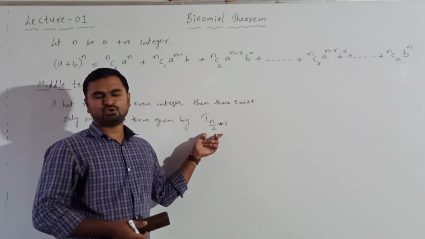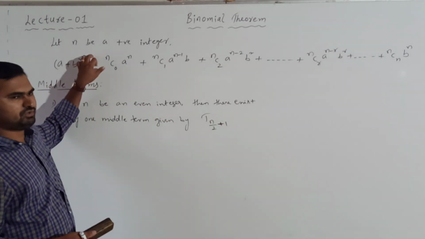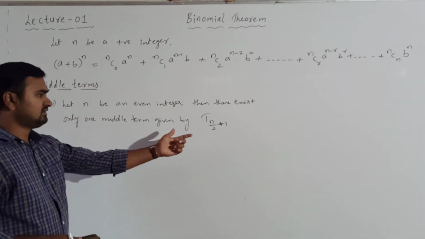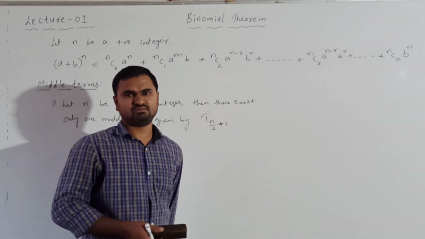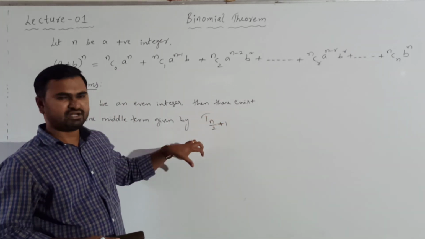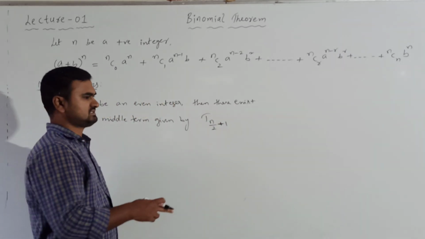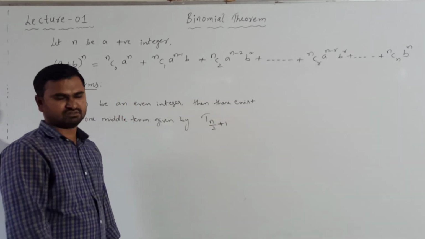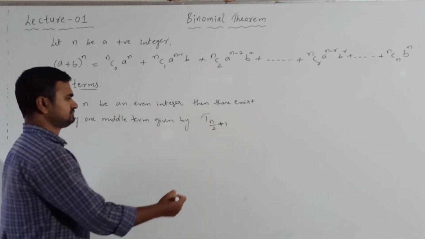So the (n by 2 plus 1)th term is the middle term in the expansion of (a plus b) whole power n whenever n is even. You have to remember this formula, because when power is small we can write the terms and see what is the middle term, but whenever the power is large, writing all the terms and finding which one is the middle term is complex. In such case you have to remember the formula. So when n is even, the (n by 2 plus 1)th term is the middle term.